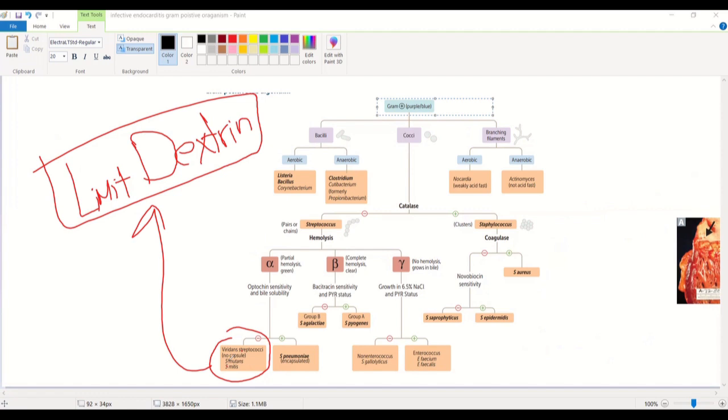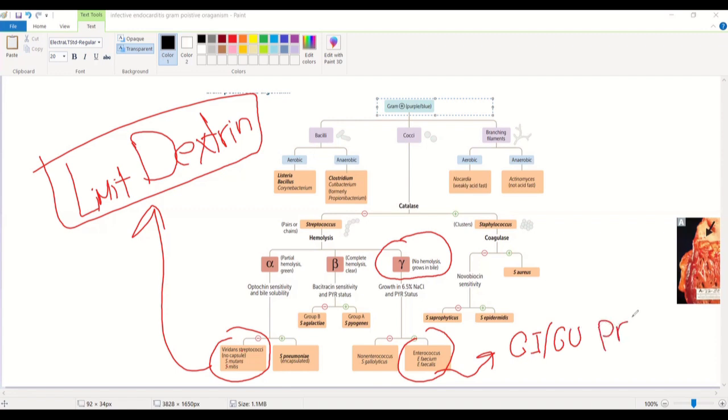Next more important thing is gamma hemolytic bacteria. So gamma hemolytic bacteria are divided further into two types, Enterococcus and non-Enterococcus. So Enterococcus bacteria lead to infective endocarditis in the patient who has had a GI or genitourinary procedure, right?